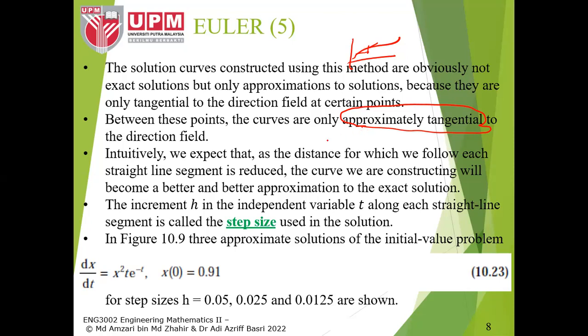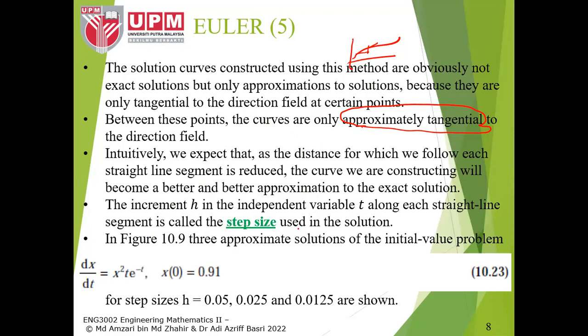So it's an approximate tangent. So we expect that as the distance for which we follow each of the straight line segments is reduced, the curve by construction will become better and better. The increment h in the independent variable along each straight line is called the step size.